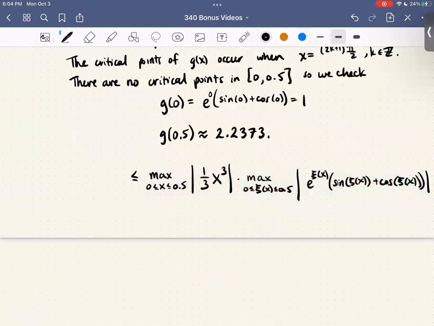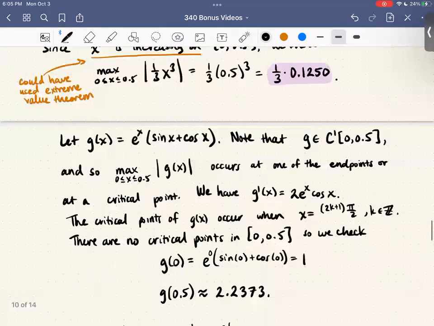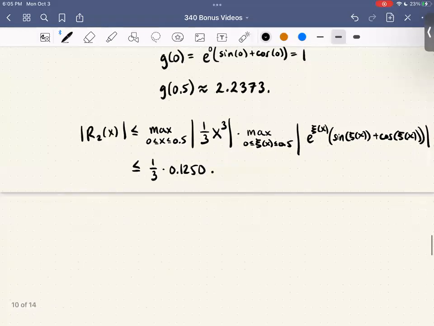What I wanted to have here is that the remainder in absolute value is bounded by this expression, which we already saw earlier, which is less than or equal to the max of this, which is 1/3 times 0.1250, times the maximum of this quantity, which was 2.2373.